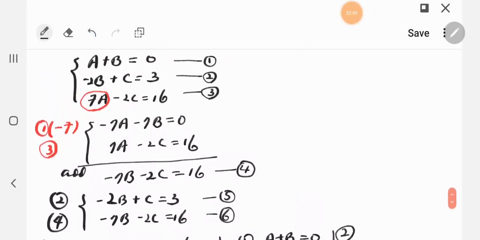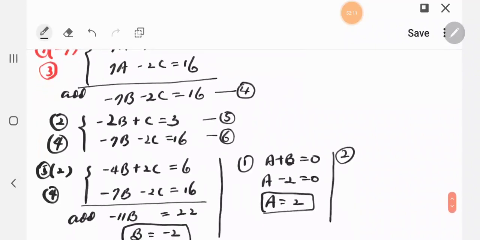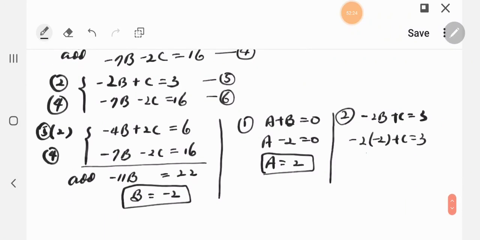The second equation is negative 2b plus c equals 3. So negative 2 times b is 4, plus c is equal to 3. So c is equal to negative 1. So we found the values of a, b, c.